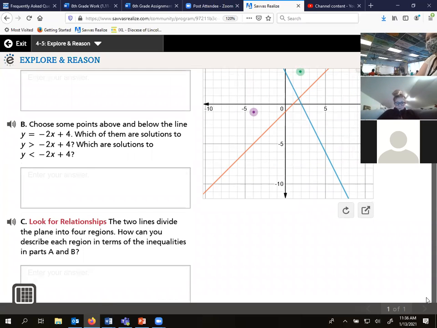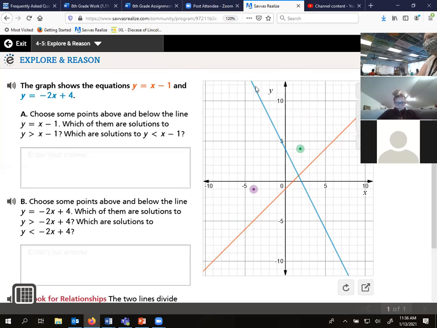So the two lines divide the plane into 4 regions. This region here with the green dot is everywhere that is greater than the blue line and greater than the red line or orange line. The purple dot shows us everywhere that is greater than the red line, but less than the blue line.